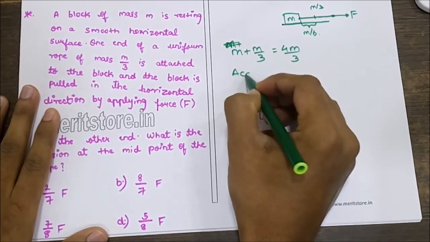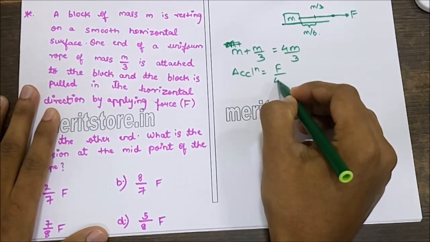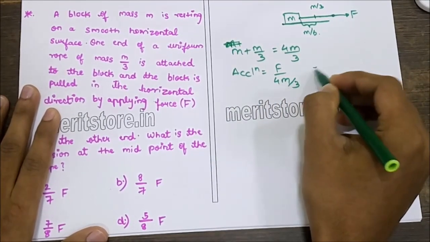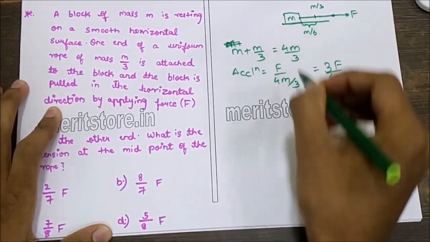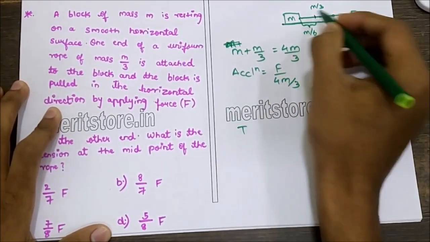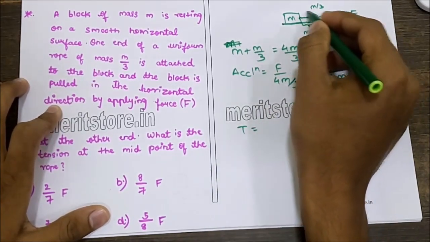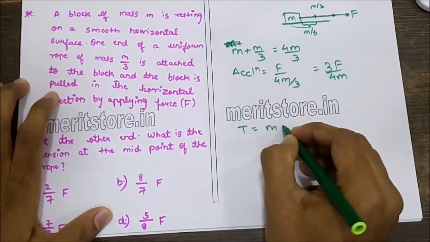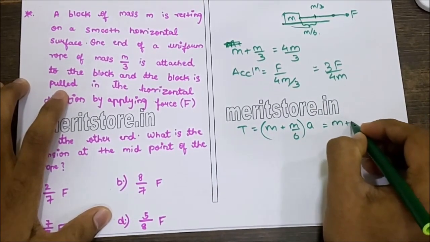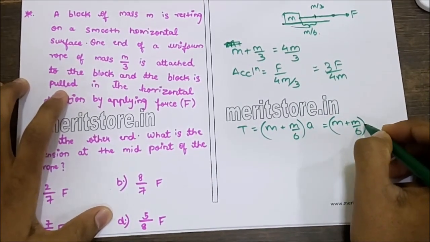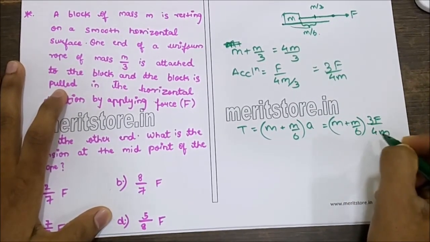The acceleration of the system is given by force per unit mass, that is force upon 4m by 3, that is 3F upon 4m. Now at the midpoint, the tension in the string is given by the mass of this much portion, that is m plus m by 6 times the acceleration, which is 3F by 4m.